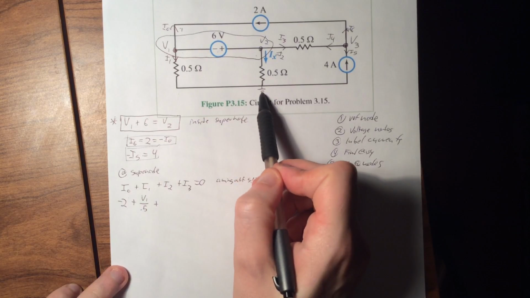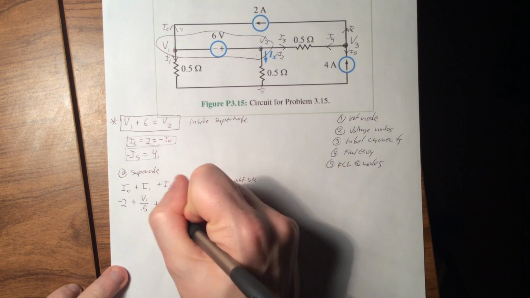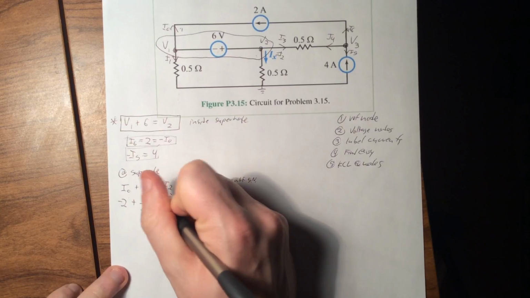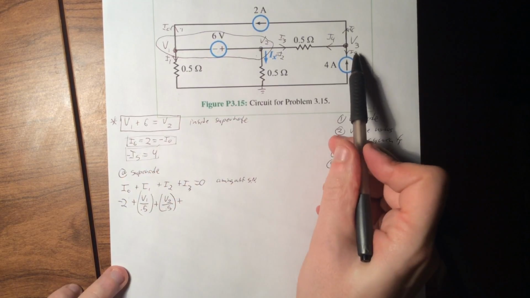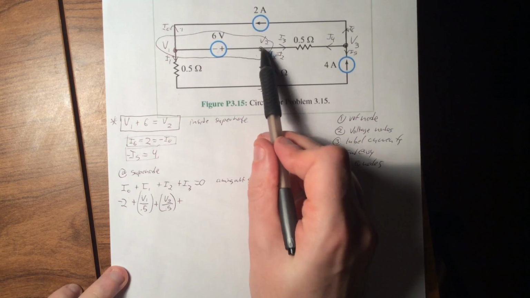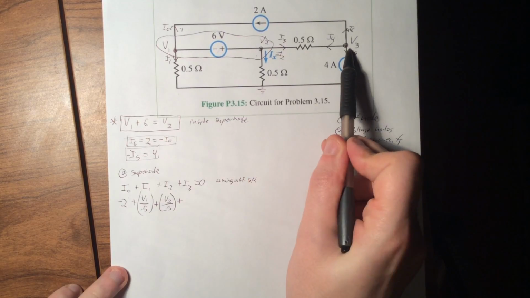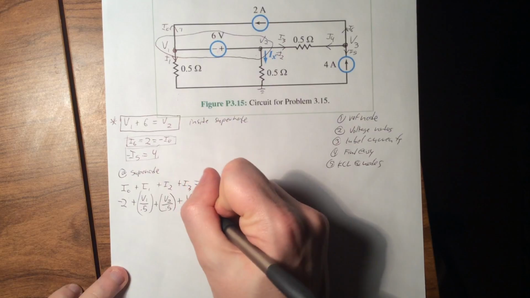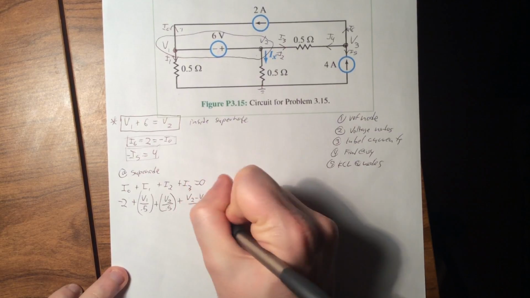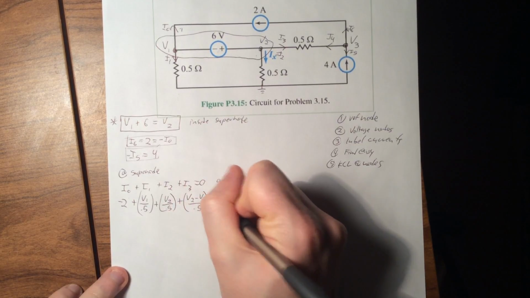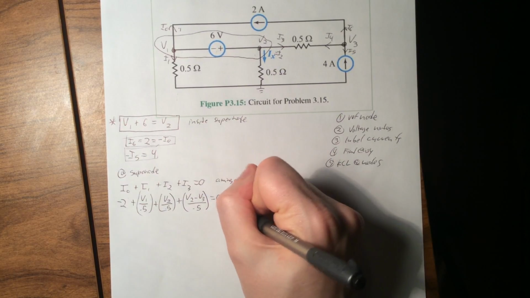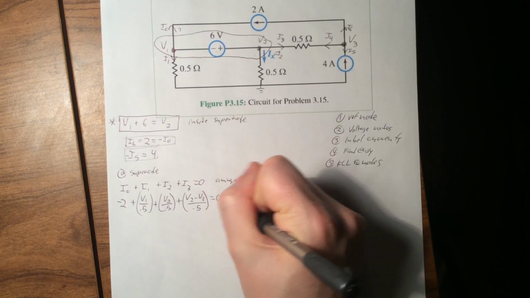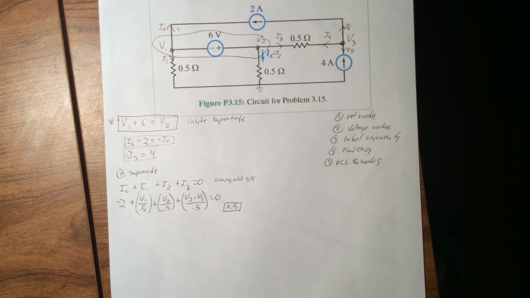This is V2 minus 0 over 0.5, so V2 over 0.5. Put that in parentheses, make it nice and neat. And then we've got I3: V2 minus V3 over 0.5, equals 0. Okay? So just for kicks, we're going to multiply by 0.5 to make that nice and neat for us.